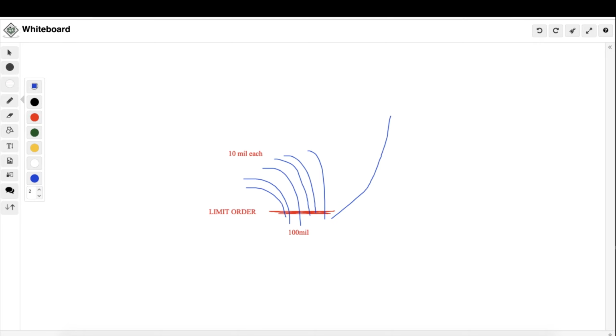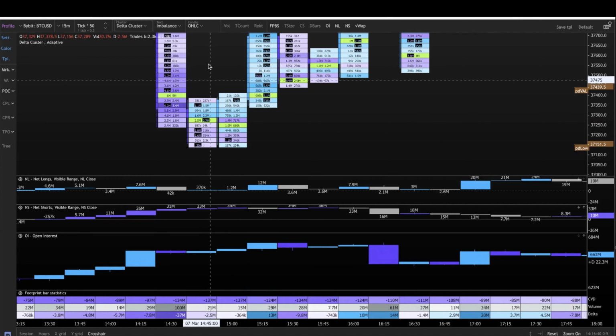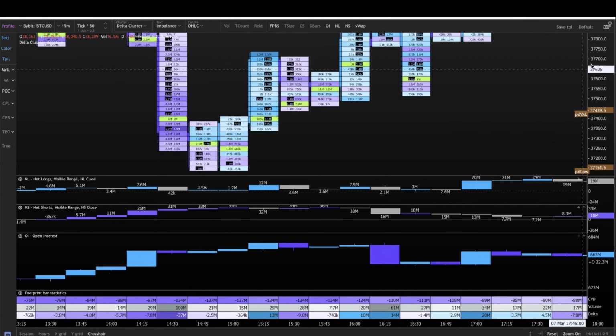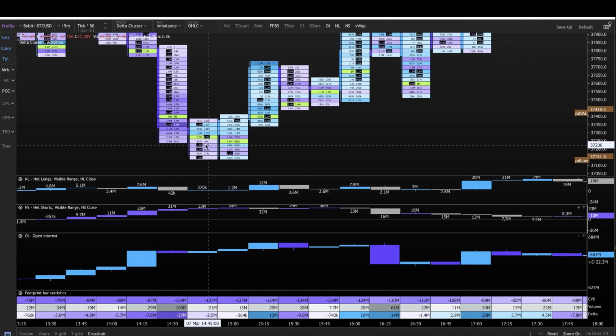So we can see people are shorting into the support, which is the chickens drinking water, and we immediately see price start to move in the opposite direction.